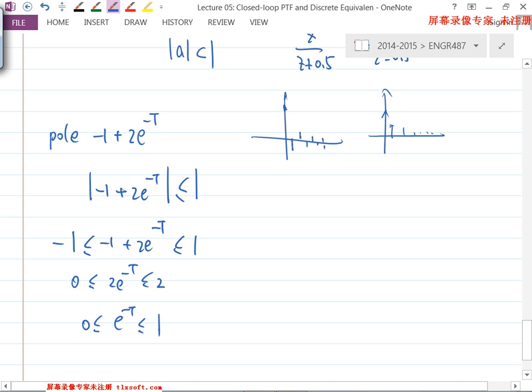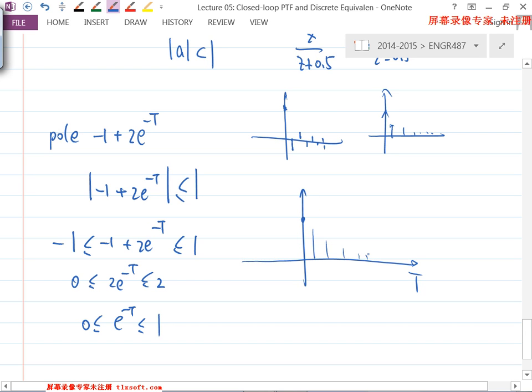So what is the drawing of e to the power of -t? How do you plot e to the power of -t? Given different values of t, when t is 0, it is 1, right? When t becomes bigger, what do you get? You get a bigger value or a smaller value? You get a smaller value, right?